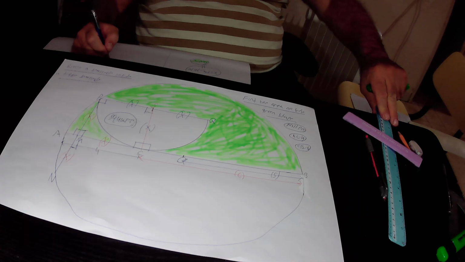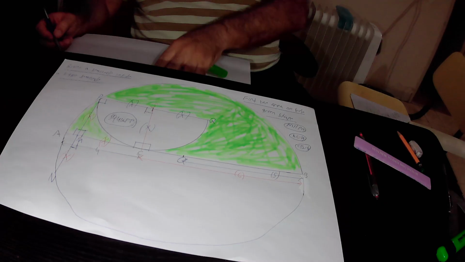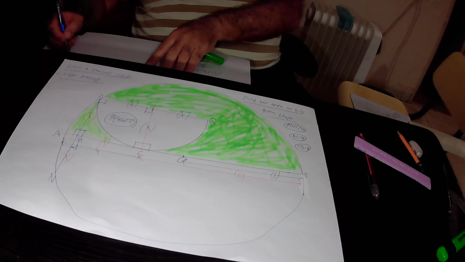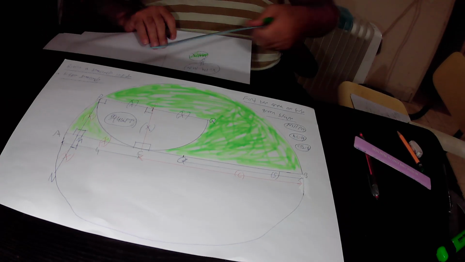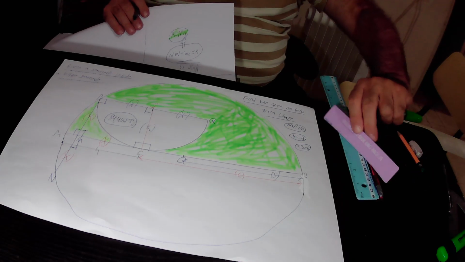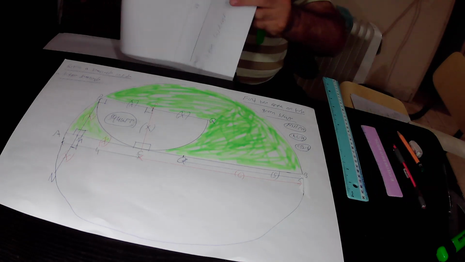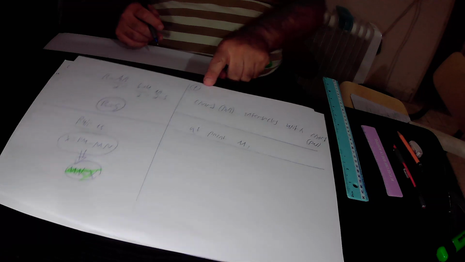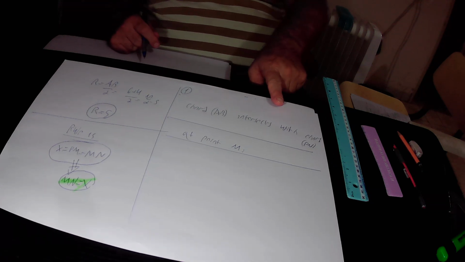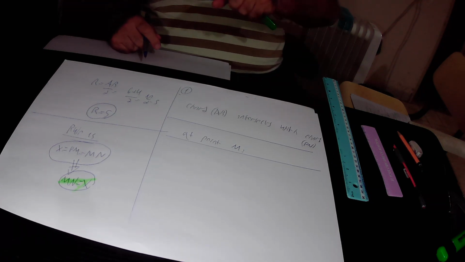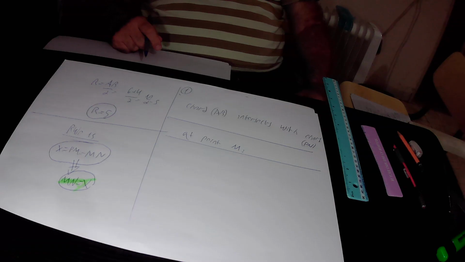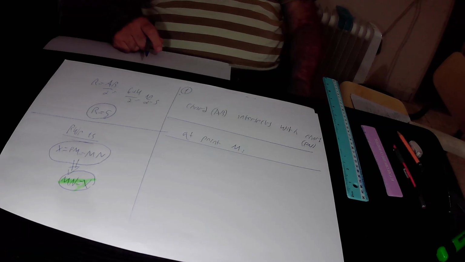And again, in our original drawing, we have chord AB that intersects with chord PN at point M. So all the requirements of rule 24 are satisfied, and therefore we can implement rule 24.